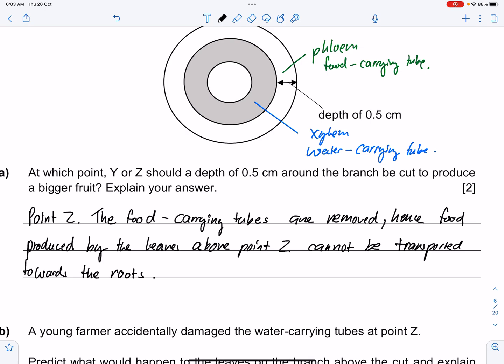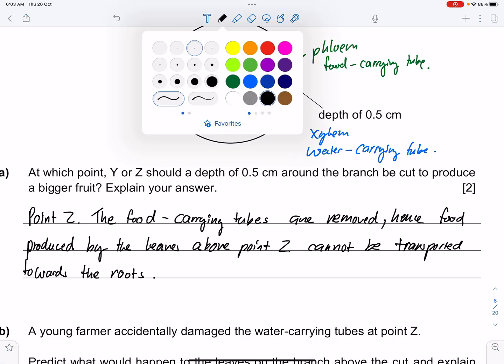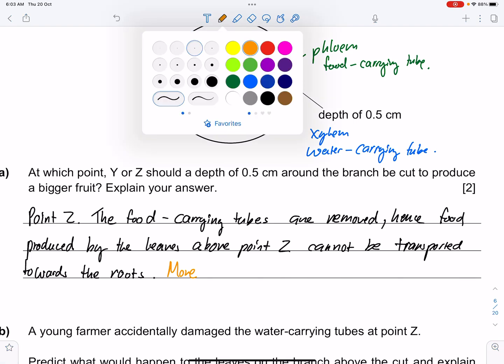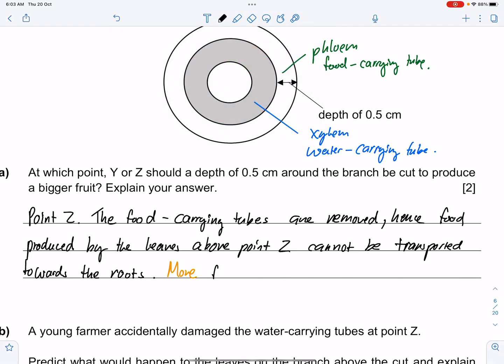Now, this part is important. More or excess food, I'll say more food will be accumulated or stored in the fruit.